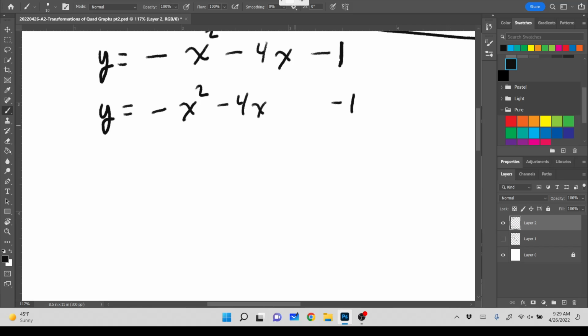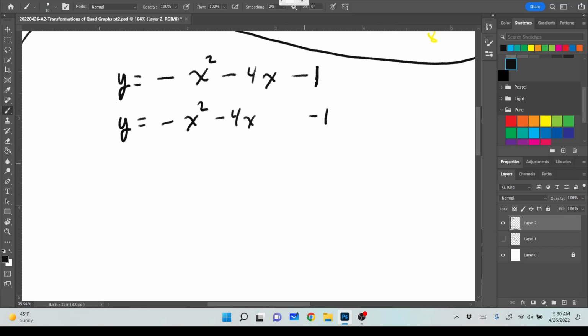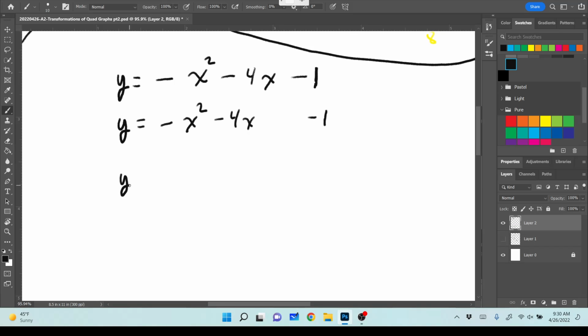We've got to make it y equals negative, and then x squared plus 4x. We'll leave a little gap so we have something to put there. And then minus 1. Now what are we going to do?